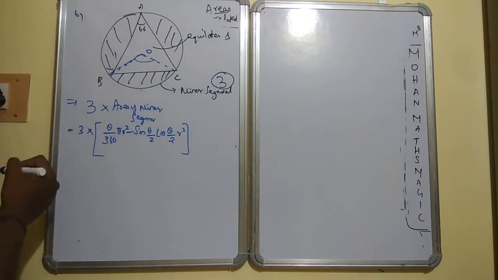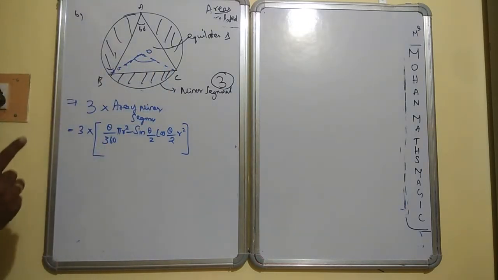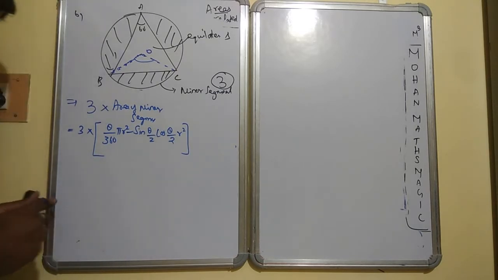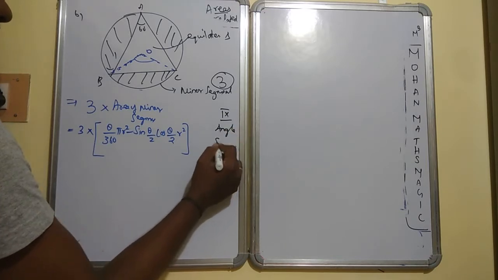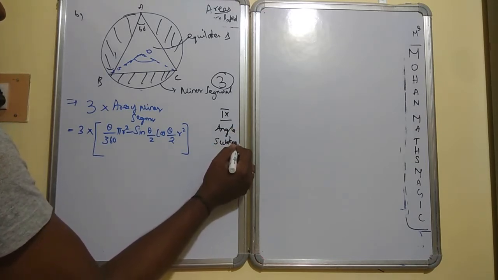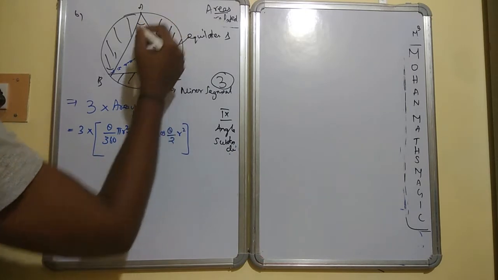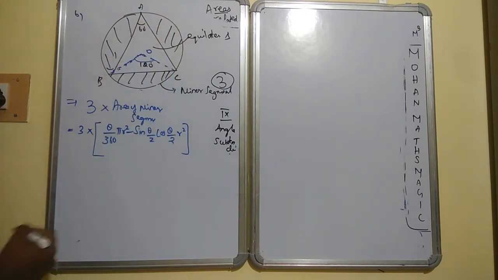In class 9 standard, you have learned in the circle chapter the angle subtended theorem. You can refer to your class 9 textbook. If this is 60 degree, this is double, 120 degree.